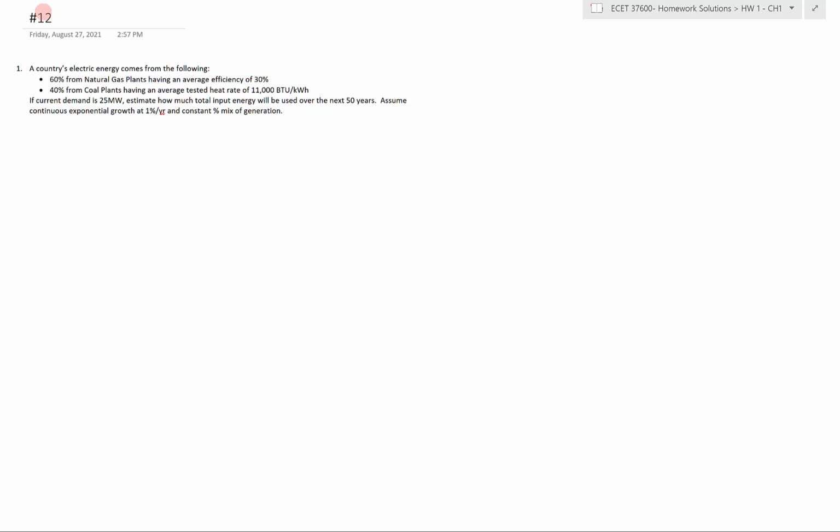So the givens is that we have the energy output from the natural gas plant is equal to 0.6 times the total energy output, and the energy output from the coal plants is equal to 0.4 times the total.